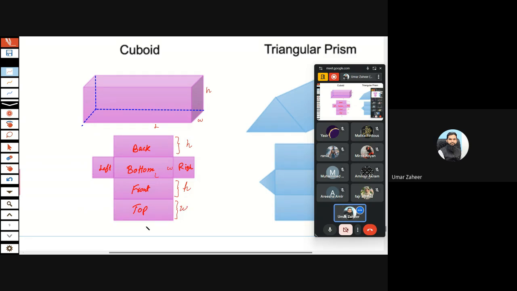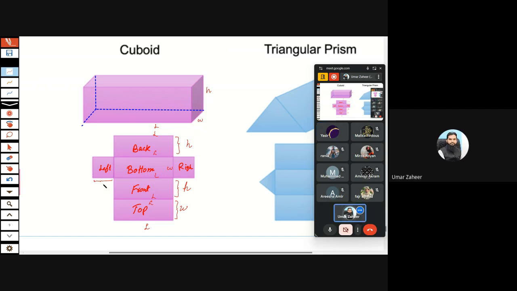Yes, it is obviously length. It is length, length, length. Yes, Yasir, tell me what this is. The height.